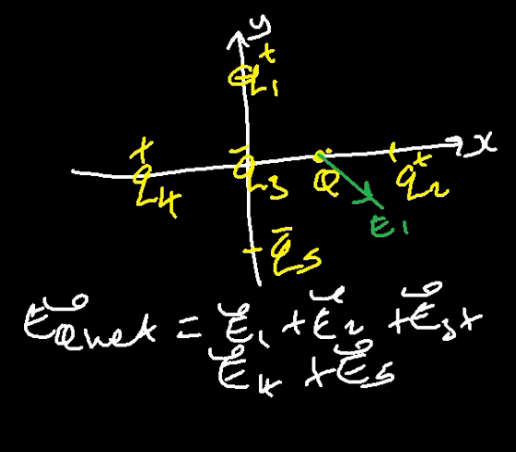This angle is the same as this angle, and it will be calculated using the trigonometric ratios. So this is the X component towards the positive direction, and this is the Y component towards the negative direction. You do that.